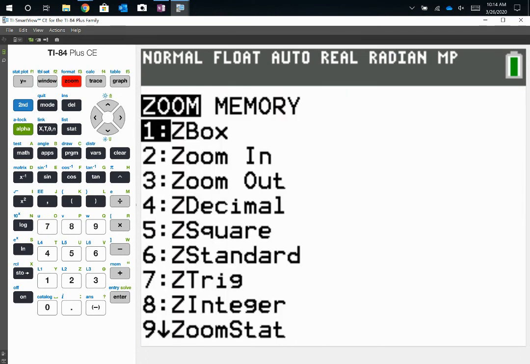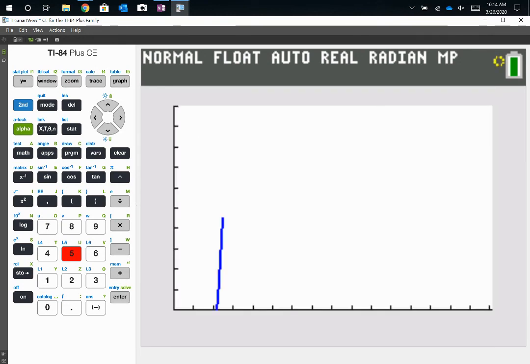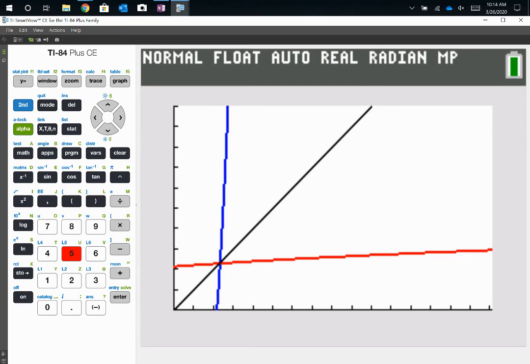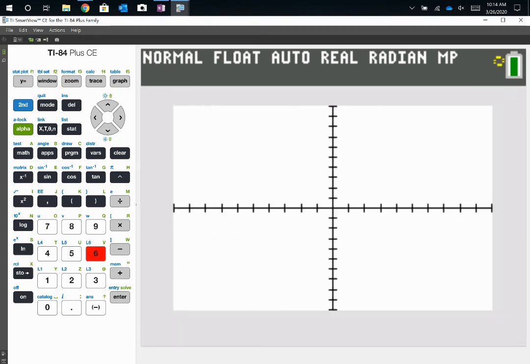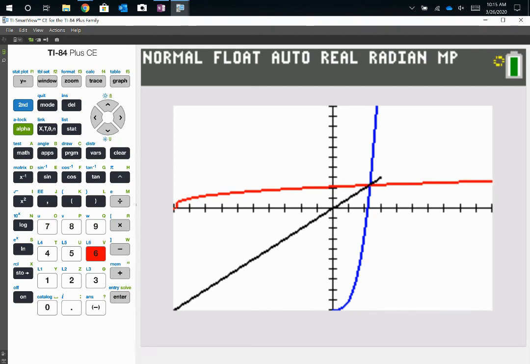Zoom standard or zoom square to get a good picture of it. Okay, so I messed up the window, so I'm going to put this back in the standard viewing window first and then get the graph of zoom square. Zoom standard. And then get the graph of the zoom square.